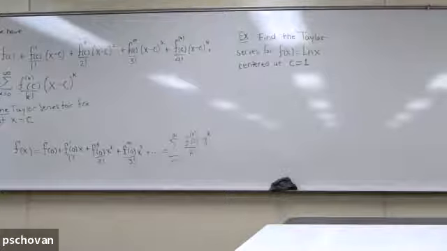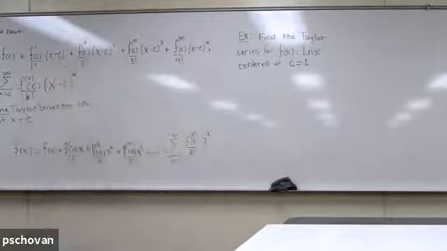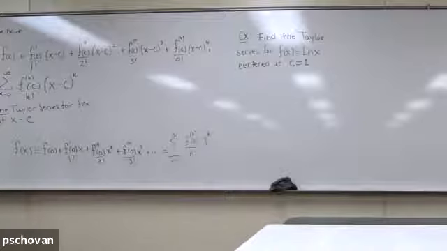So we're just going to follow the recipe. Step 1, take a boatload of derivatives of the natural log of x. Step 2, evaluate each derivative at x is equal to 1. Step 3, fill it in the formula.